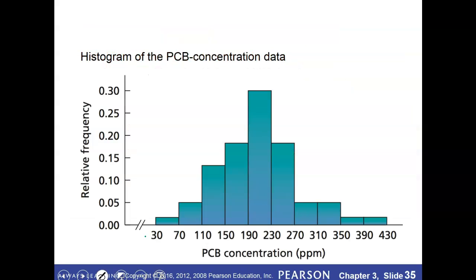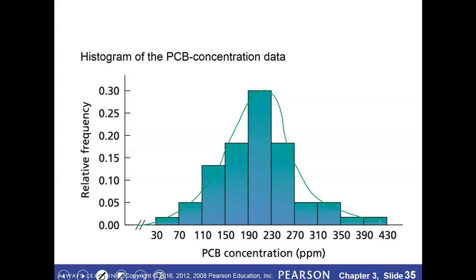And so if we find this data, we would first plot it on a frequency histogram so that we can grab the shape of this. And you can see this is kind of a bell-shaped curve, which means we're going to use the empirical rule for this. So we would use the 68%, the 95%, and the 99.7%.